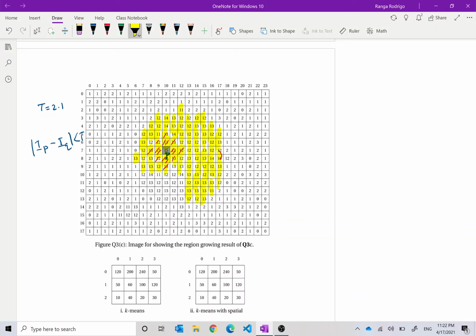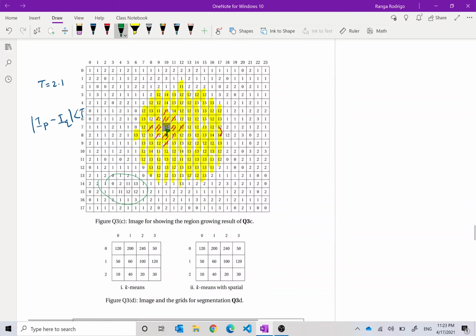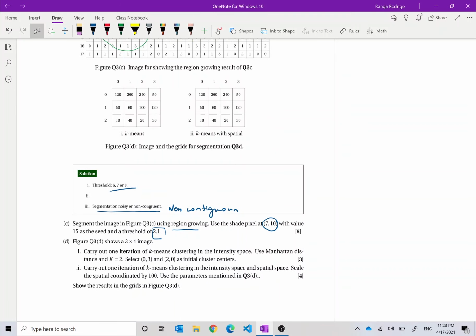This is not the way the frontier will progress, but I will just highlight them. They all get into the segmentation, but you can see this region does not get segmented. So if there are no leaks, region growing produces a contiguous region, as usually expected.